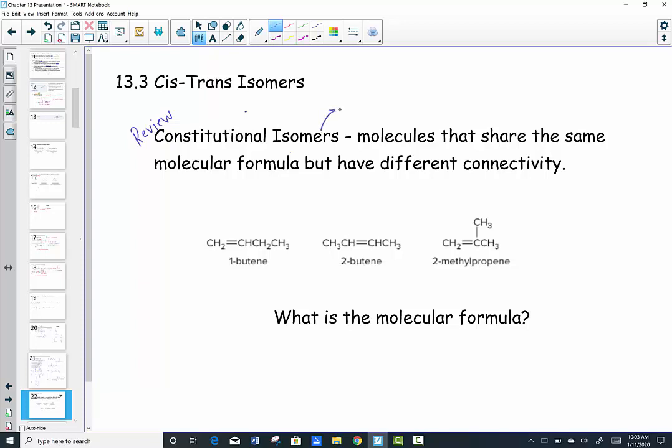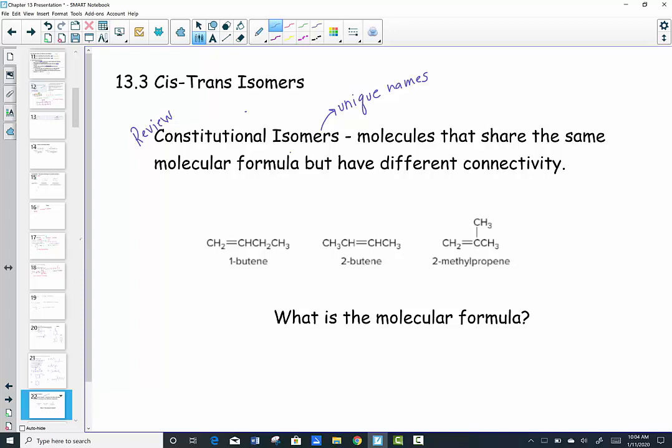Constitutional isomers have unique names. So if I'm naming two compounds and come up with the same name, they're the same compound. If I'm naming compounds and they have the same molecular formula but a unique name, they are constitutional isomers.